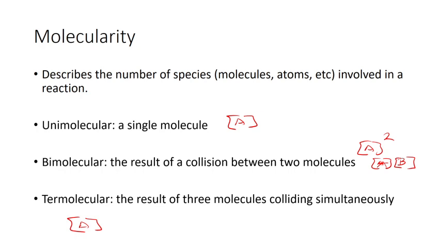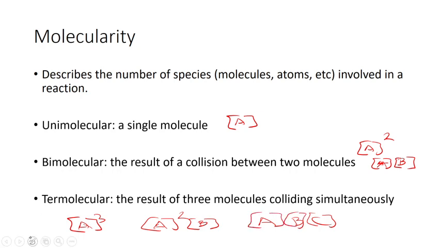We can write termolecular as something cubed, as something squared reacting with something else, or even as three things reacting together. All of these are highly unlikely to actually occur.